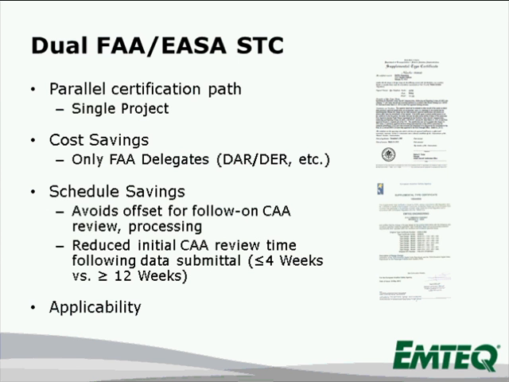And then applicability. Most of the aircraft that are operating out there, either leased or owned, will require either an FAA or an EASA certification. So gaining both of those certifications from the onset of the project is something that will avoid cost and schedule implications later with obtaining an additional validation of the installation that's already been completed.